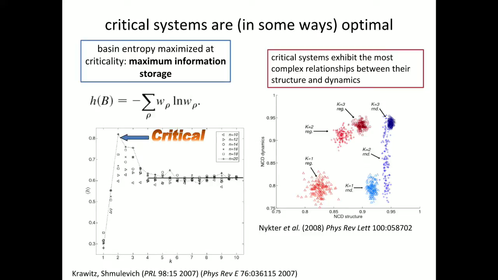Here's another interesting result. Critical systems are also diverse. They exhibit a type of diversity that can be very useful in an evolutionary sense.